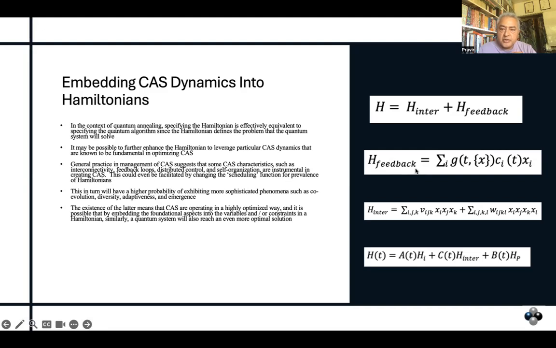And so if we try to represent this feedback explicitly, we already know that's happening within a quantum system, but here we're just trying to call it out and then amplify it through embedding it into the algorithm itself.